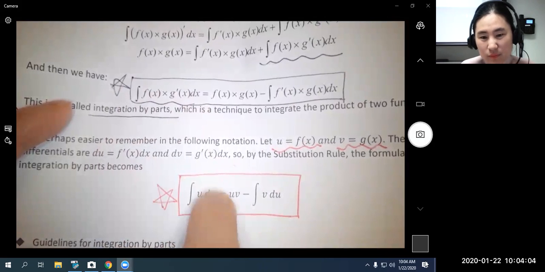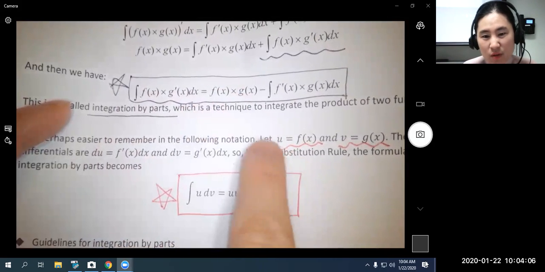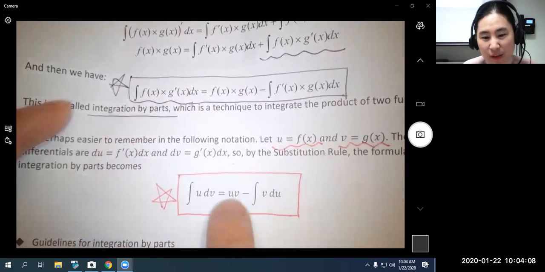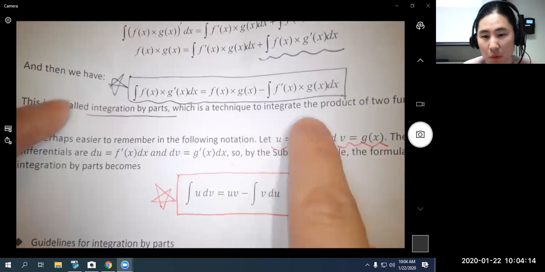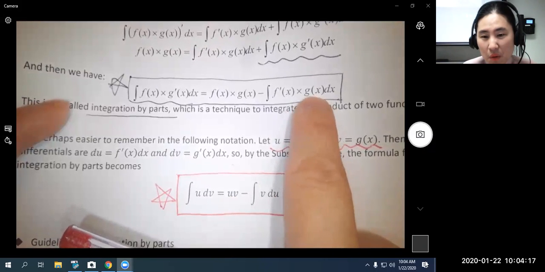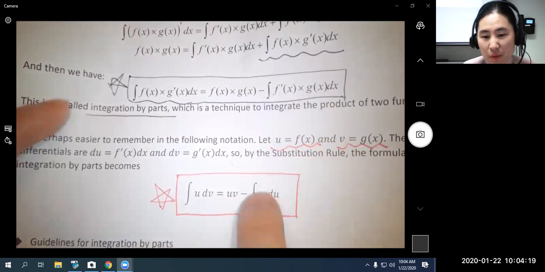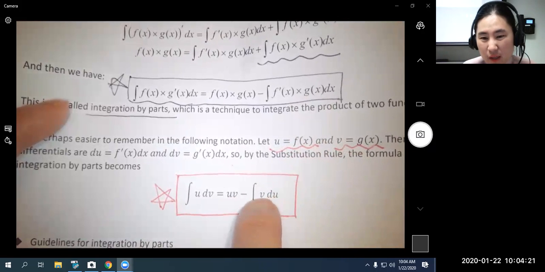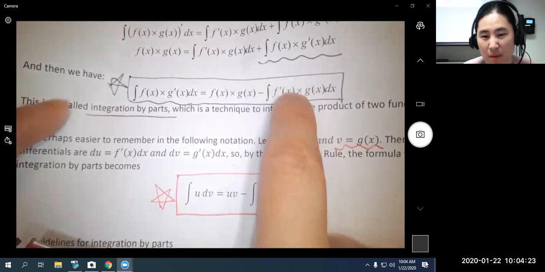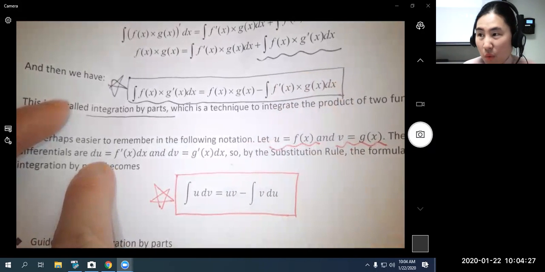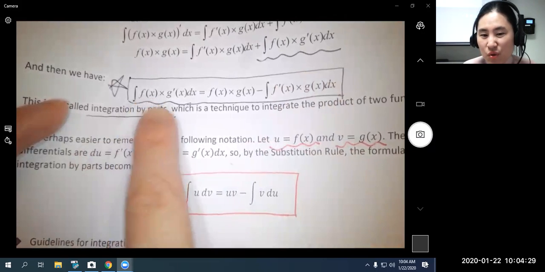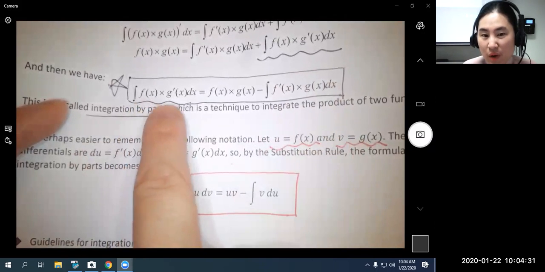Equals f is u, g is v, so f times g becomes u times v here, minus the integral of what? g is v. We have f prime of x times dx, what is it? du. So we're just using the substitution to rewrite this formula.